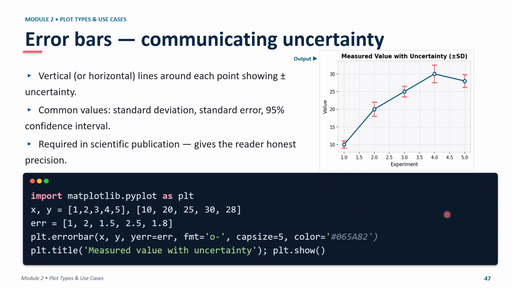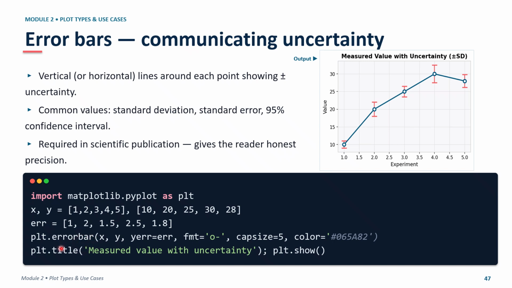Now let us look at the code. For the x coordinate and the y coordinate, the points are being given. For the error plot, I have given 1, 2, 1.5, 2.5, 1.8, which is the uncertainty at each point.